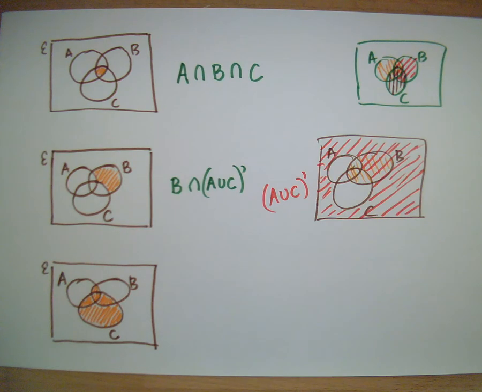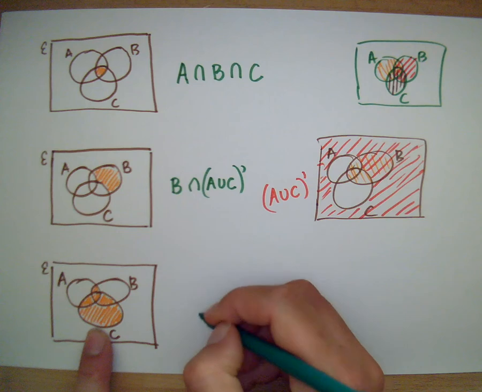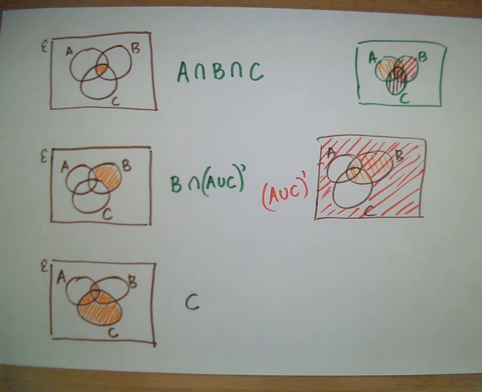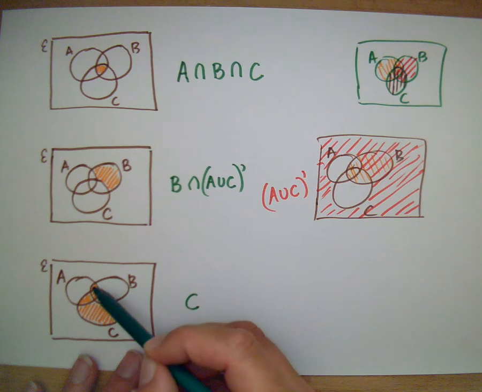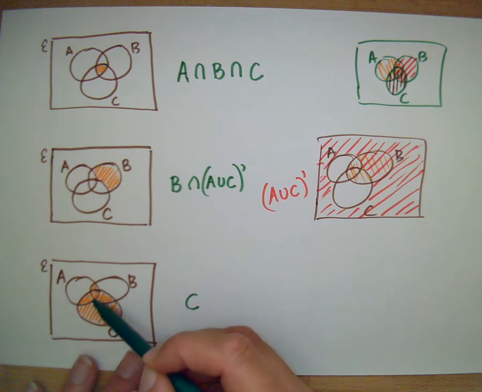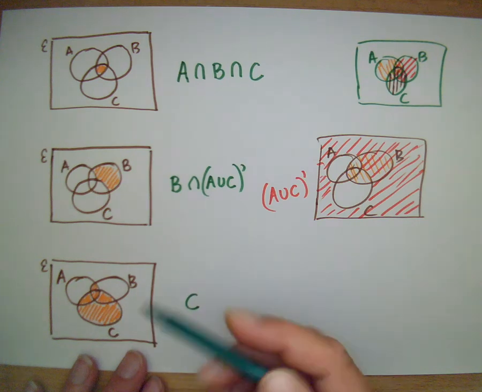Cool. One more. This shaded region has C in it, right? All of C, just like that. We're not taking anything out of C. All we do is we add the part where A and B overlap, right?